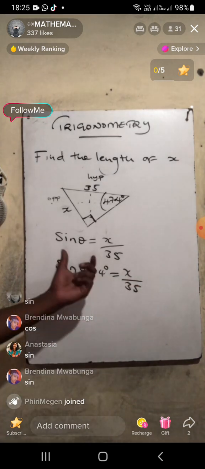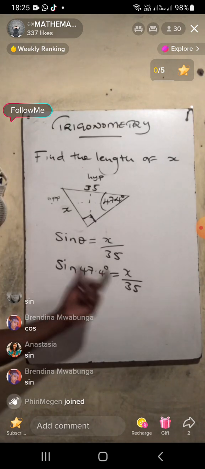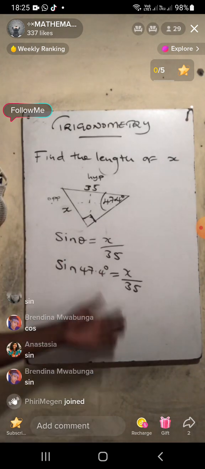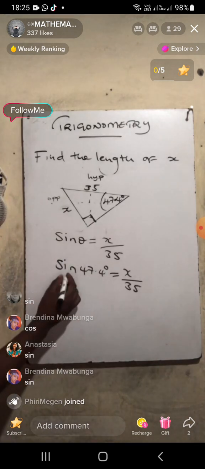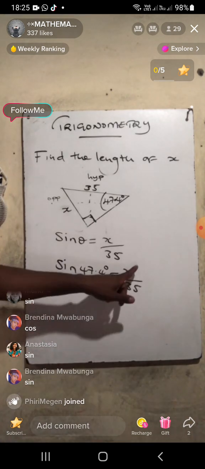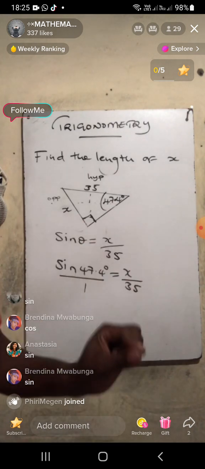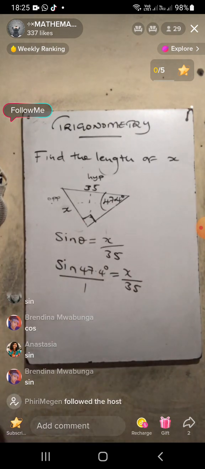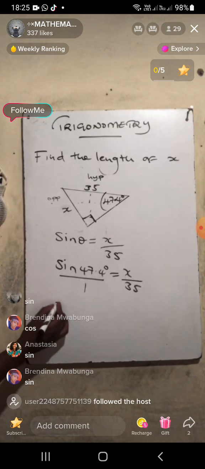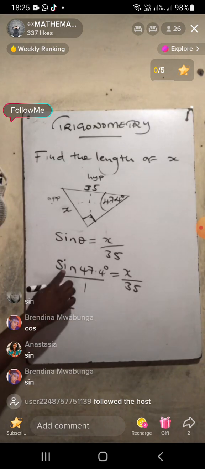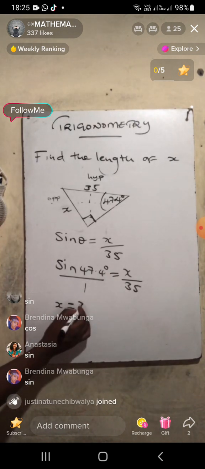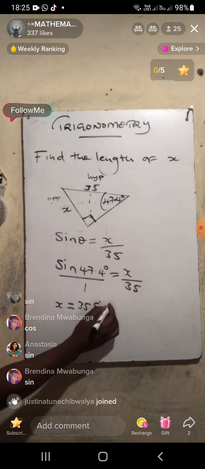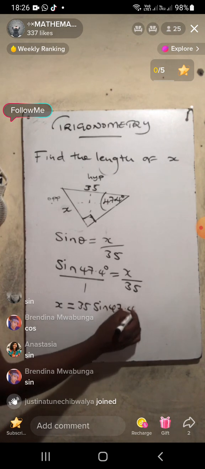My good friends, at this point what you need to do is to cross multiply. The reason you are cross multiplying is that you want to make x the subject of the formula. So it would be 1 times x, we have x is equal to sine 47.4 degrees multiplied by 35. It is 35 sine 47.4 degrees.